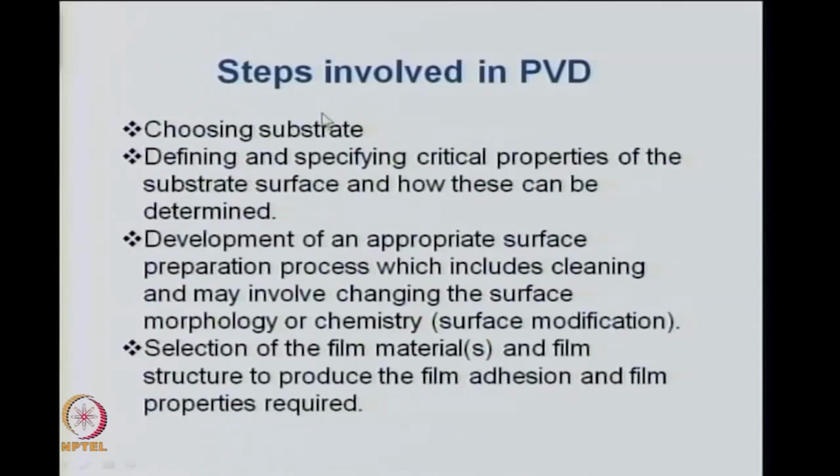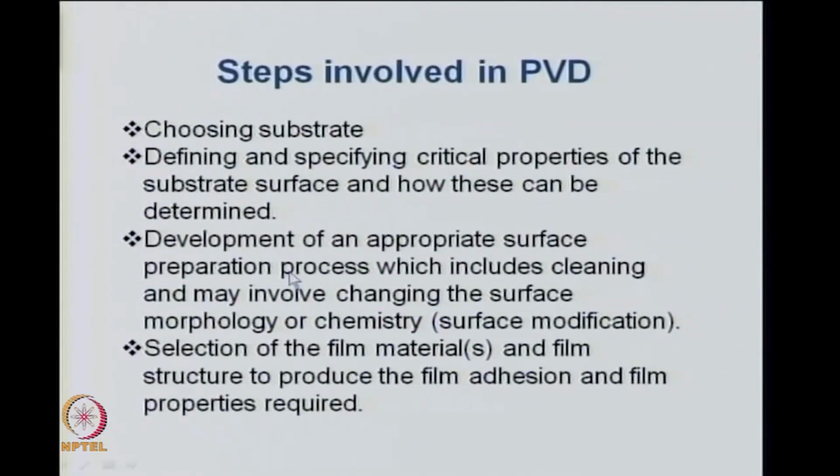The substrate can be single crystalline, polycrystalline, and it depends on what is the type of film that you are trying to grow. So, choosing a substrate is important, and then we need to understand and define what are the critical properties of the substrate surface which are important for the film that we need, and how these can be determined.